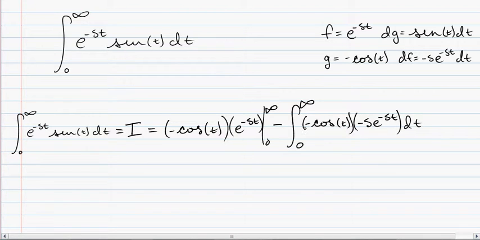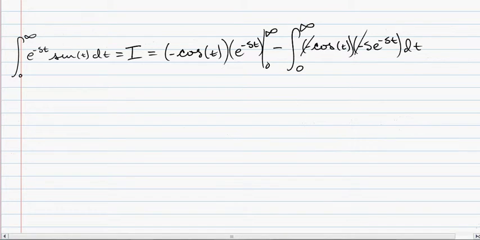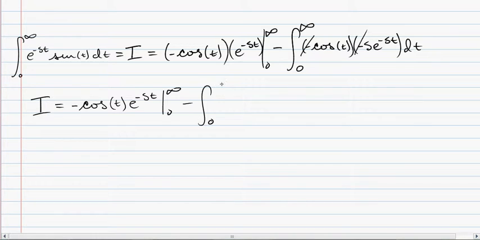I'm just going to make these minus signs go away since there's two of them there, and we get I is equal to negative cosine of t e to the negative st from 0 to infinity, minus the integral of cosine of t s e to the negative st dt.